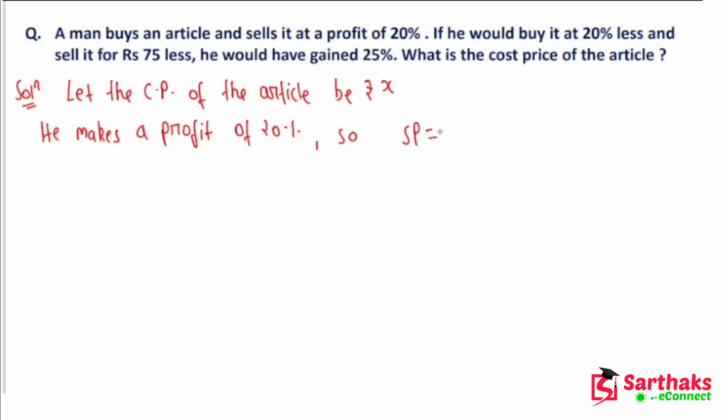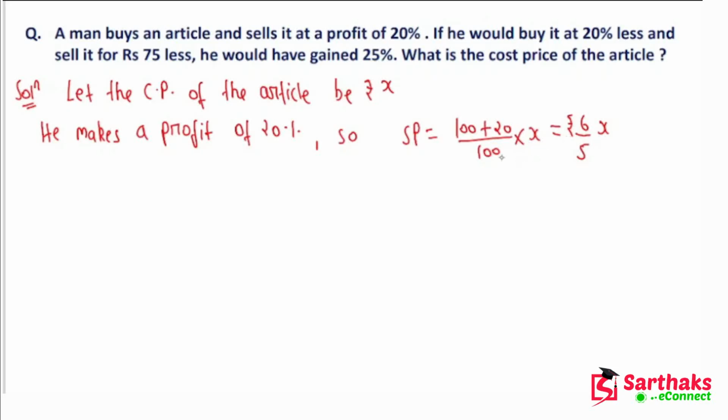See, obviously selling price is 20% more than the cost price, so it would be 100 plus gain percent, that is 20 upon 100 into CP, which was X. So selling price would be, if you cancel the factors out, 6 upon 5 X rupees. Okay, it was 120 upon 100, so cancelling the common factors out, we will get 6 by 5 of X.